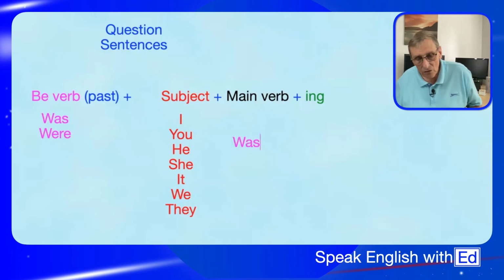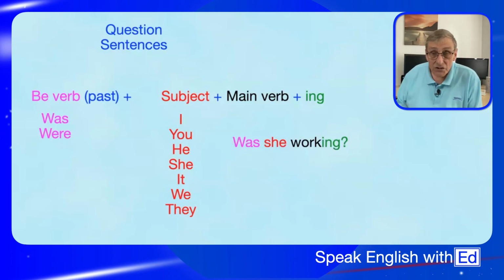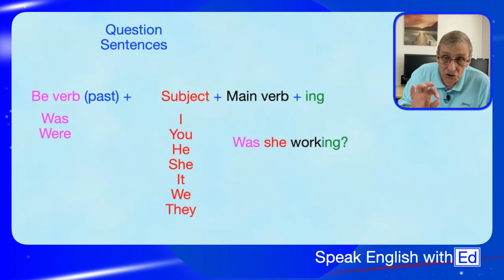So what's that going to look like? Question: was she working? Right? Was, be verb, she, subject, working, main verb plus ing, and there's a question mark at the end. If you're writing this down, you must put a question mark. It is a question.